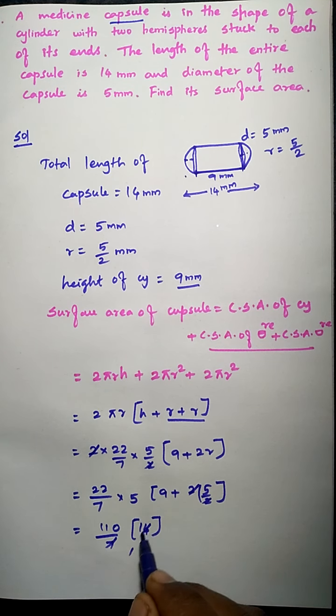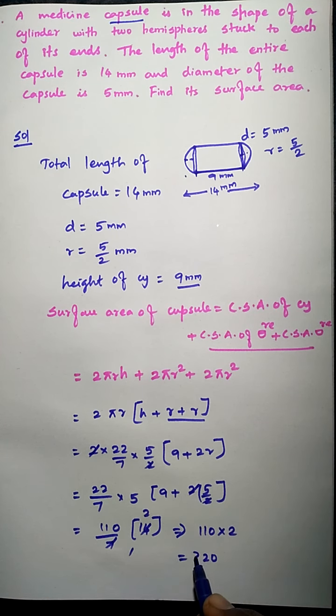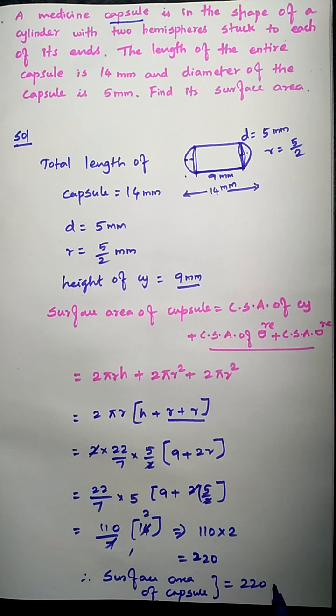So 7 ones are 2, 7 twos are 14. So remaining 110 into 2. So the surface area of the capsule equals 220 millimeter square.